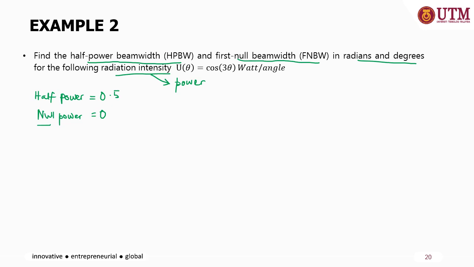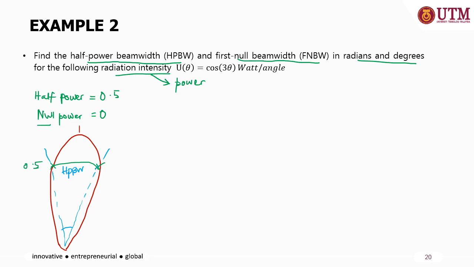We're still considering the main lobe. The maximum is 1, and then we have the half power at 0.5. You need to measure theta in between the 2 points. So this is your HPBW, which is equal to 2 theta.